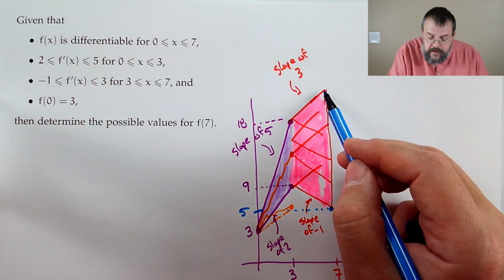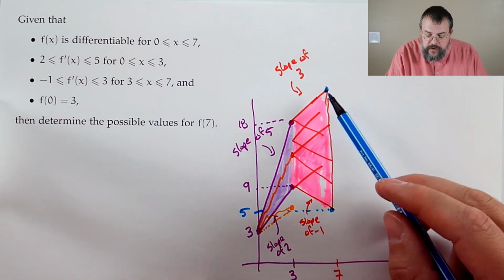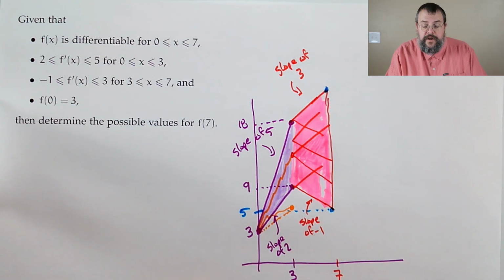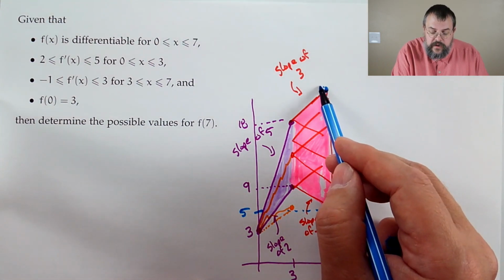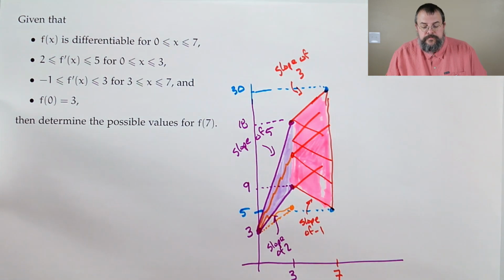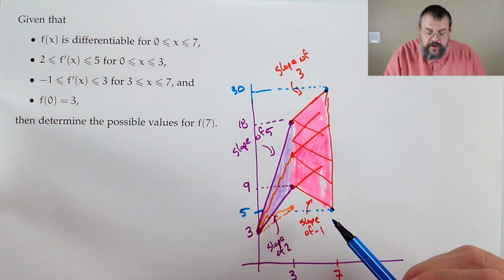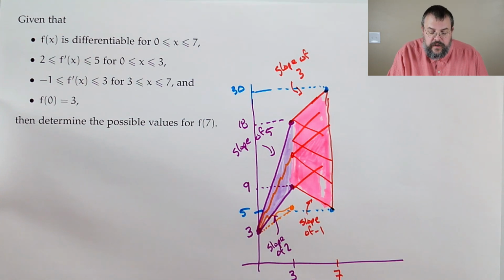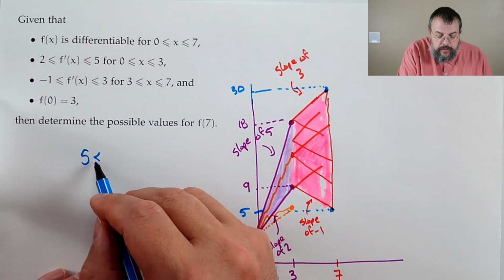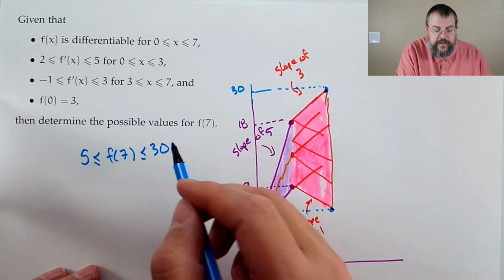On the other hand, if I started at 18 with a slope of 3 and I go over by 4, that means I can go up by 3 times 4, which is 12. So I can get all the way up to 30. And I have to be somewhere in between these two. So I can come to the conclusion that 5 is below f of 7, which is below 30.